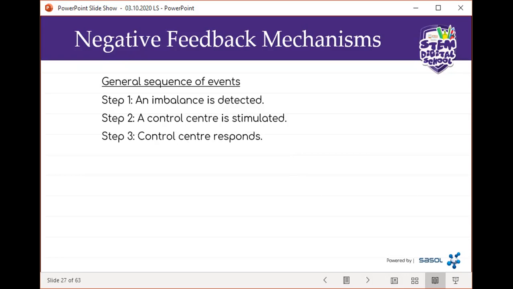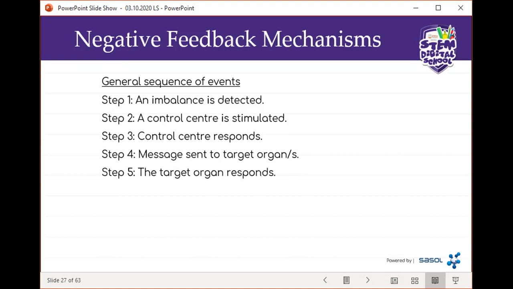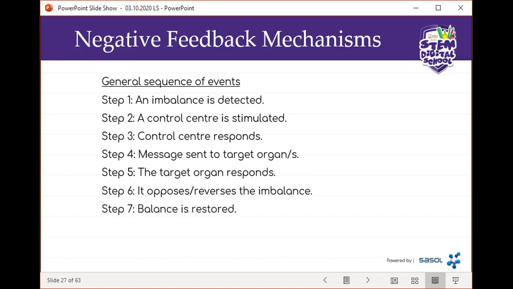Then thirdly, the control center would respond. Then a message would be sent to the target organ. Then fifth step, the target organ would respond. And then on the sixth step, it opposes or reverses the imbalance, right? And lastly, balance is restored.